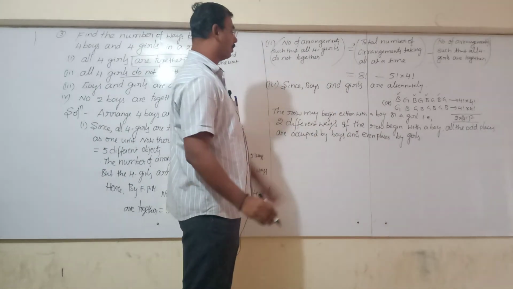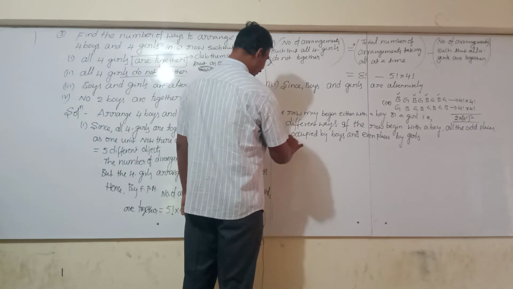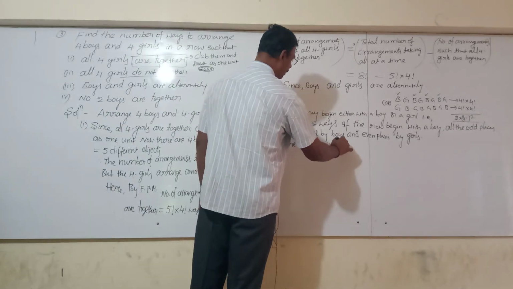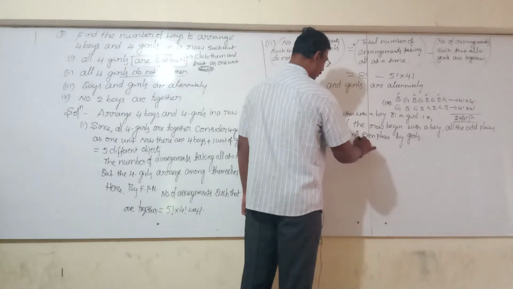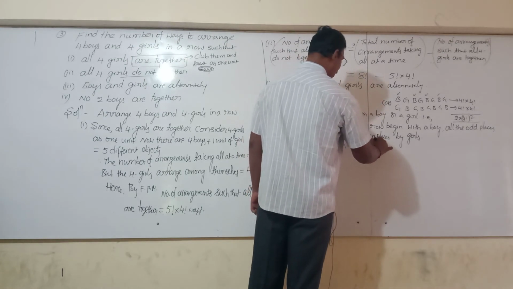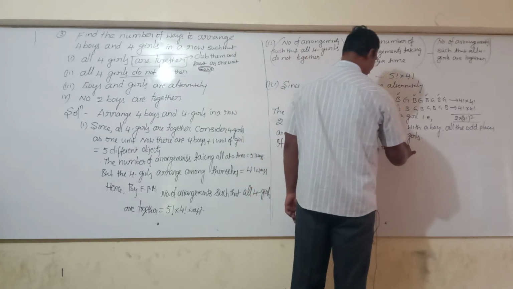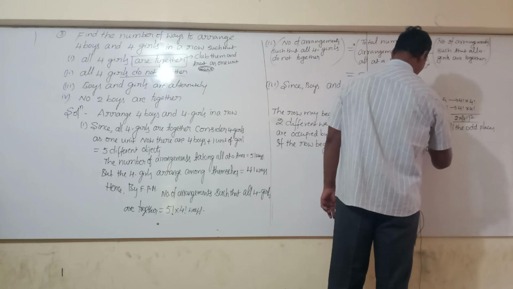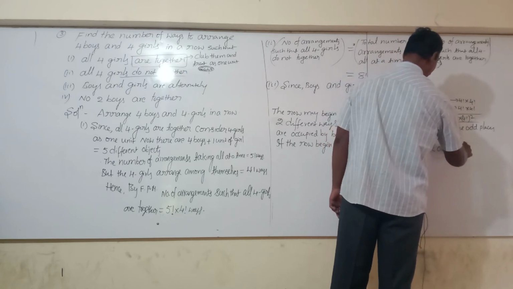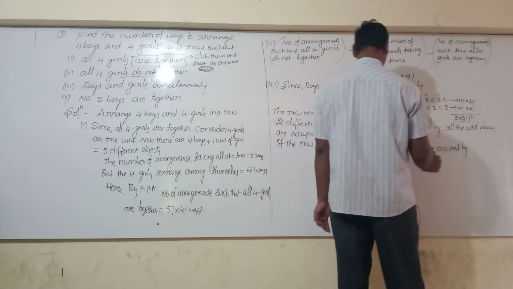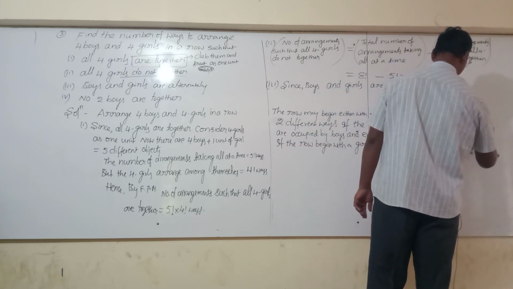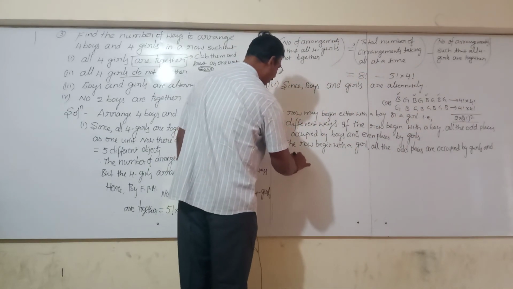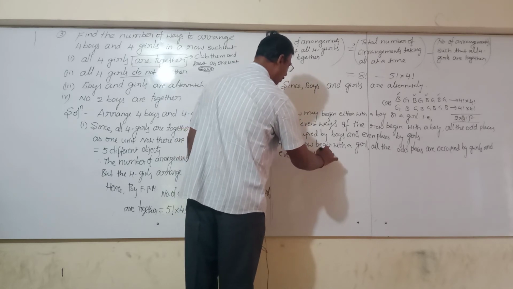Suppose the row begins with a girl, all the odd places are occupied by girls and even places by boys.